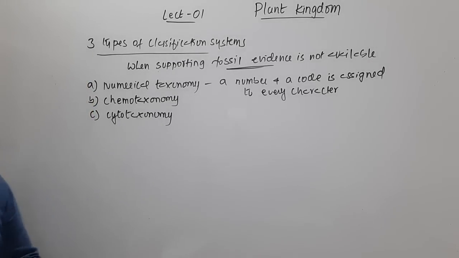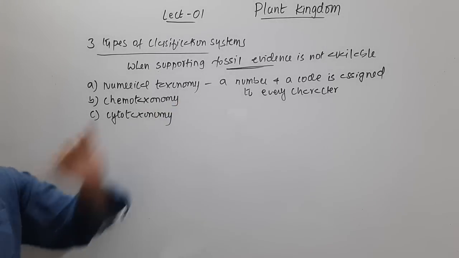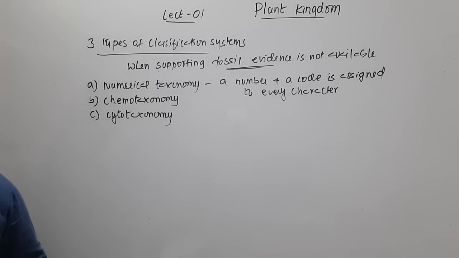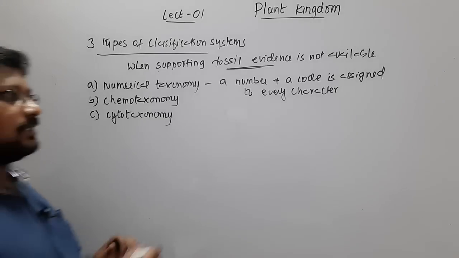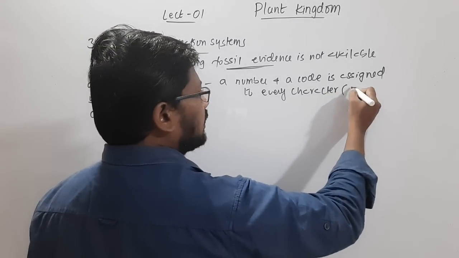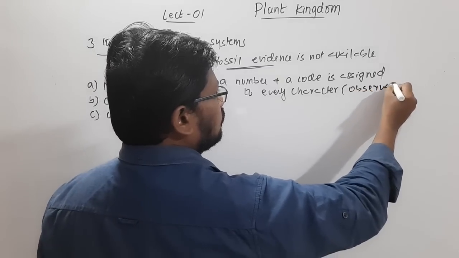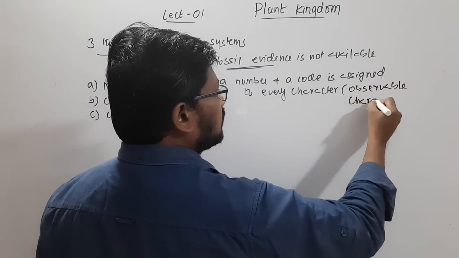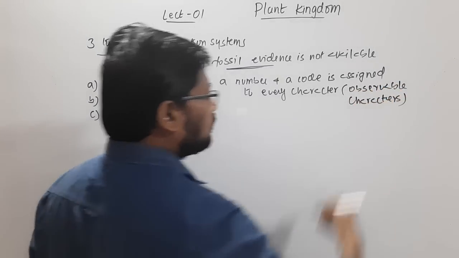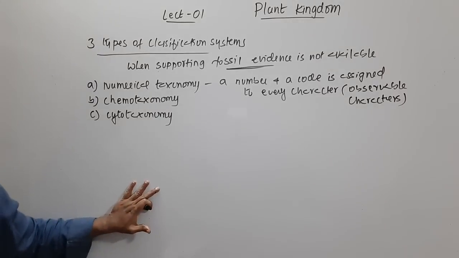Just remember that they will be giving a number and a code to each of those characters. Of course, all those characters are observable characters. They consider all those observable characters and give certain numbers and codes to them.